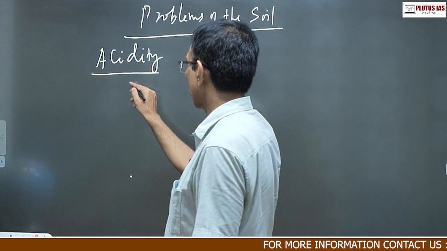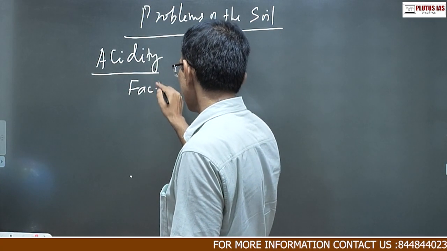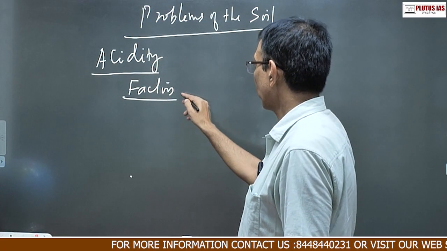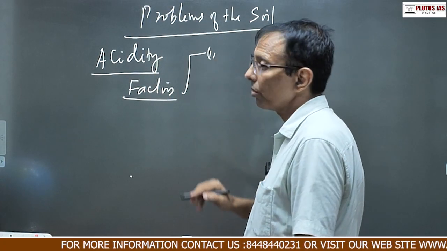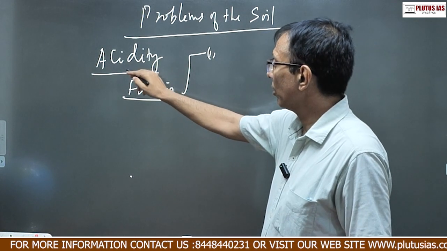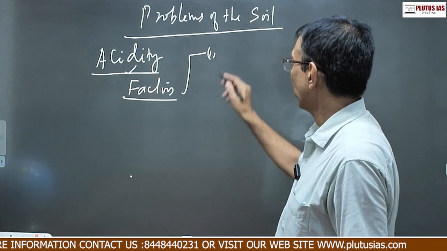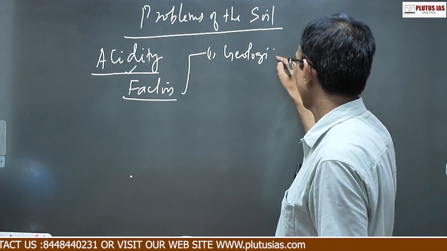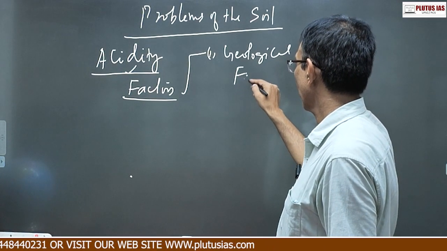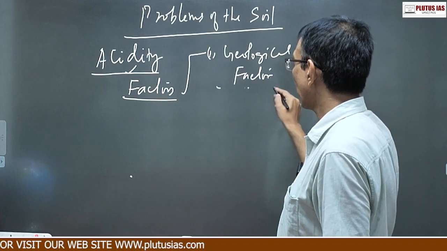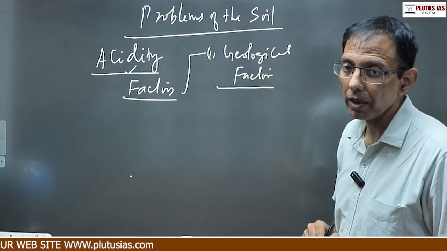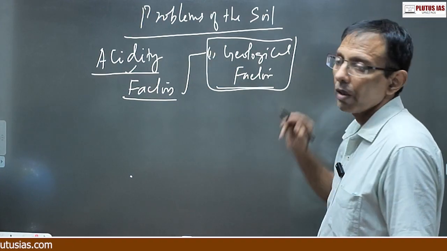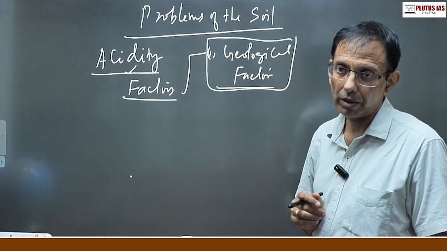So the factors. What factors? The first factor related to the problems of acidity in the soil is the geological factor. What do you mean by geological factor? Geological factor का मतलब ये हुआ कि rock से related factor.